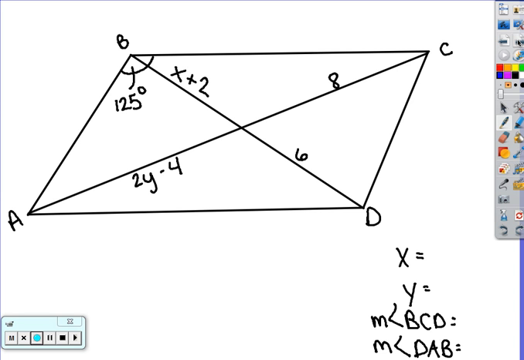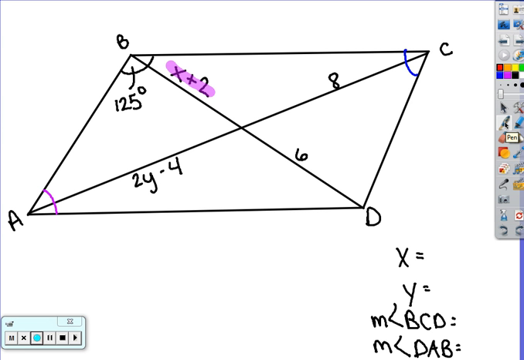Notice we are solving for x, y, the measure of angle BCD, which is this angle here, and the measure of angle DAB, which is this angle here. Let's start off with solving for x. Now notice that x is on a diagonal. In our properties, property number 4 stated that diagonals bisect each other.